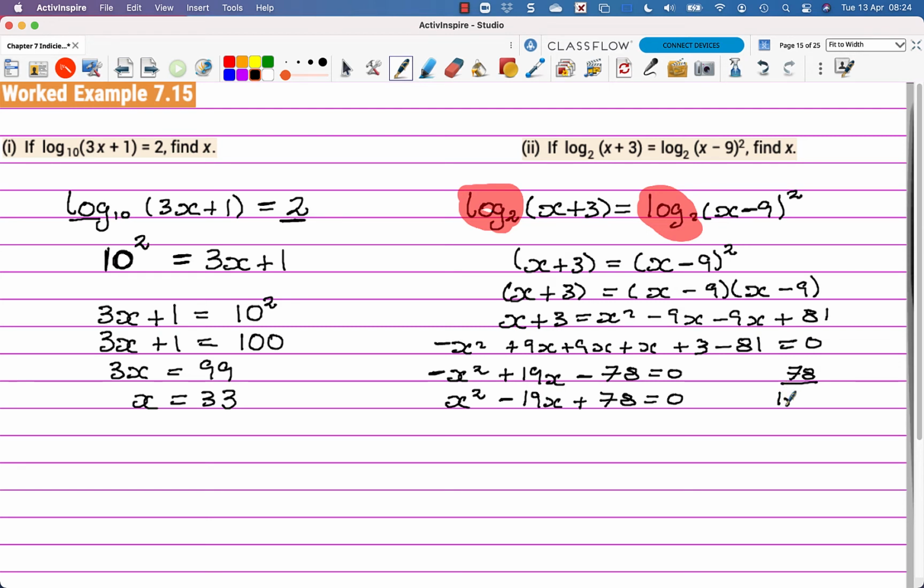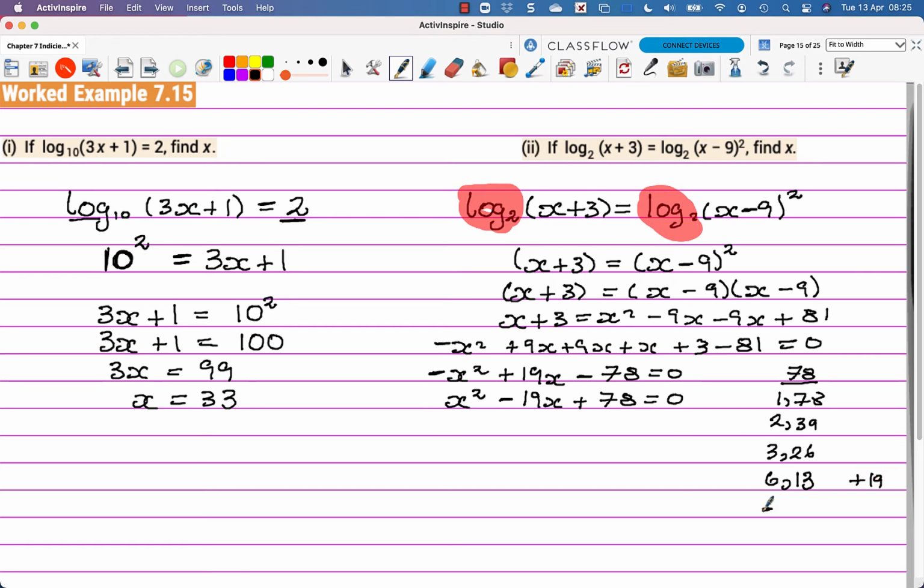We've got 1 and 78. We've got 2 and 39. We've got 3 and 26. And looking at 6 and 13, now 6 and 13 add up to give you plus 19.